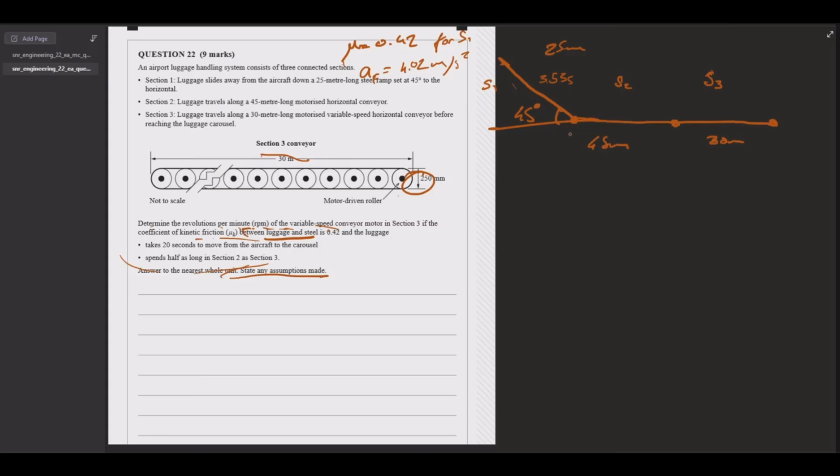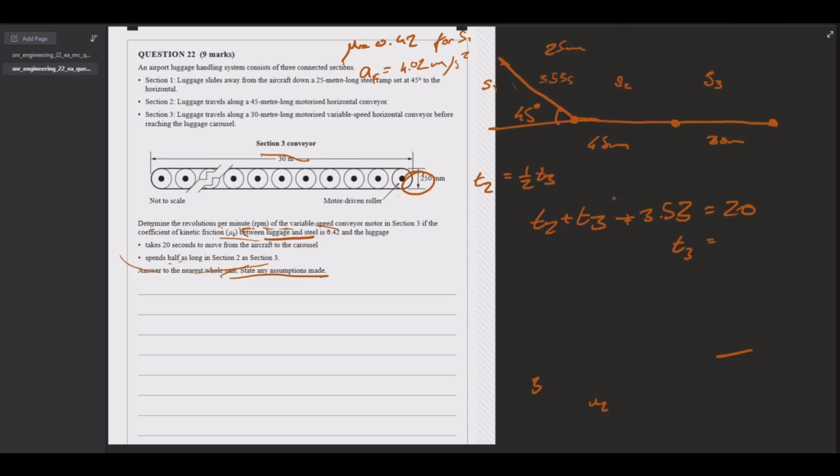So let's label time for section 2 T2 and time for section 3 T3. Now we want T2 to be half of T3, because we're going to spend half as long in section 2 as we're going to spend in section 3. So now that we know that, we also know that T2 plus T3 plus 3.53 is going to equal 20. So let's rearrange for T3.